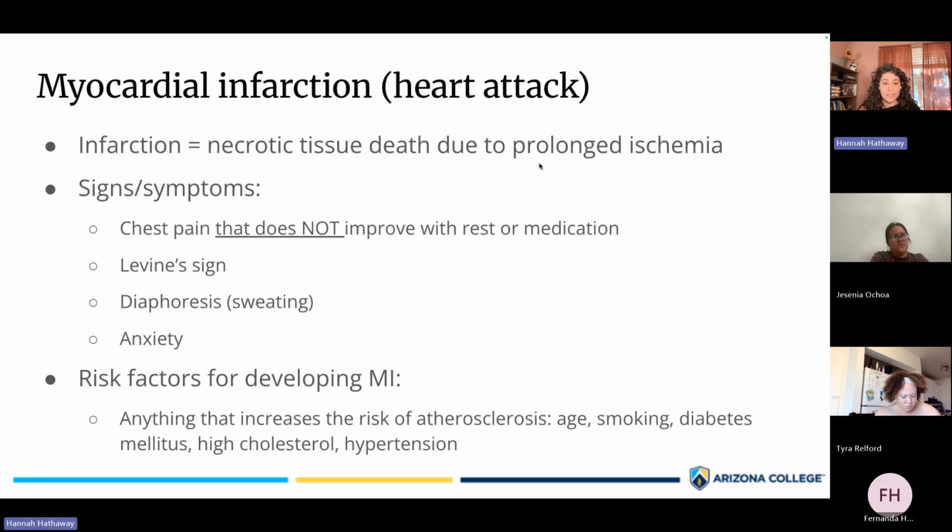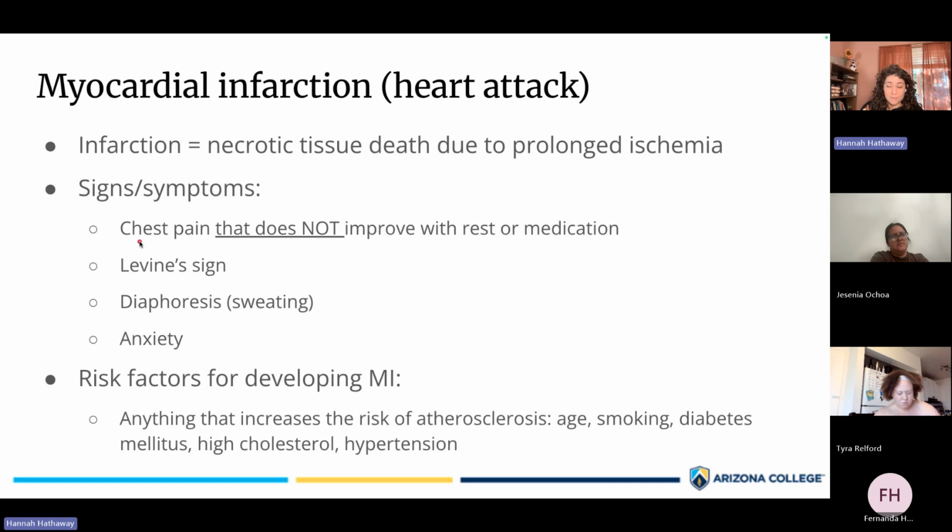It is similar to angina, which is also ischemia to the heart, but it is not prolonged. It does not cause tissue death. So a myocardial infarction, it has the word right in there. Infarction meaning tissue has died. So a myocardial infarction is worse than angina.